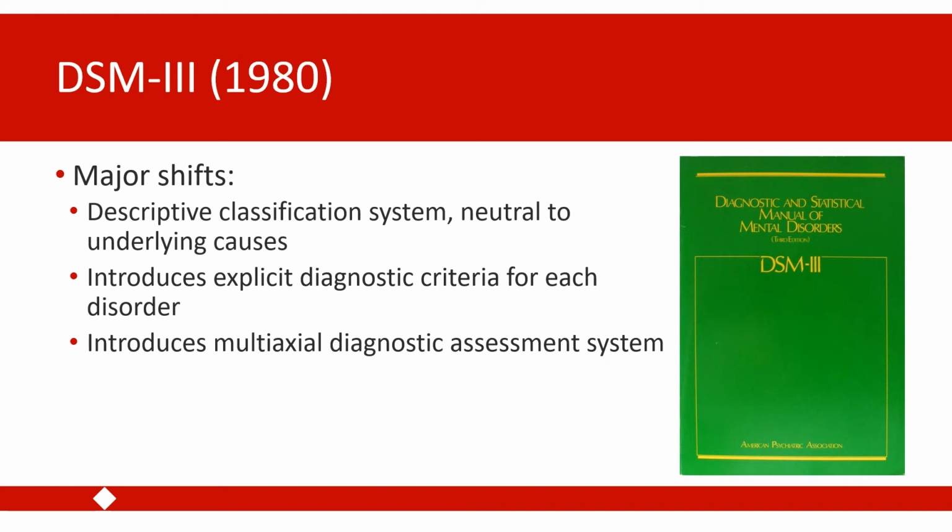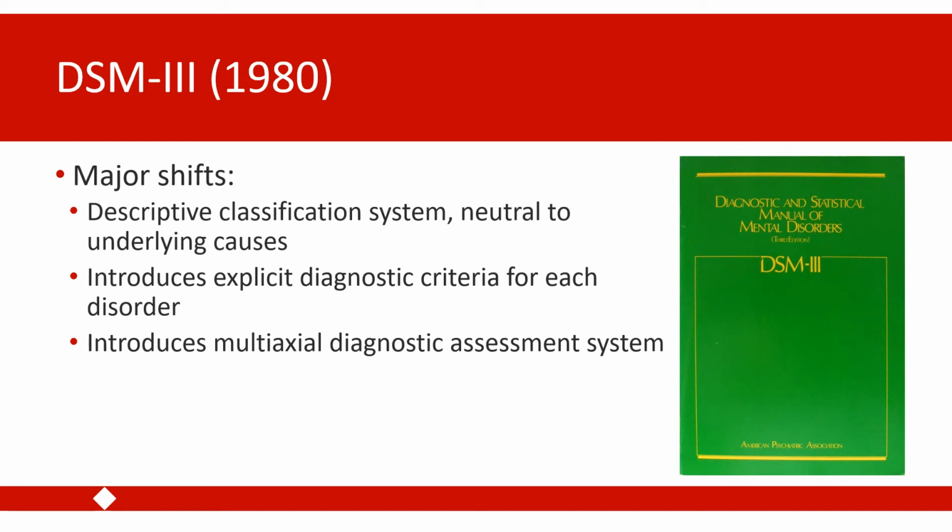So these were disorders that were seen as more long-standing and more pervasive in their effects. So they were separated from the Axis 1 diagnoses, and what's now called intellectual disability and also the personality disorders were diagnoses that were given on Axis 2.